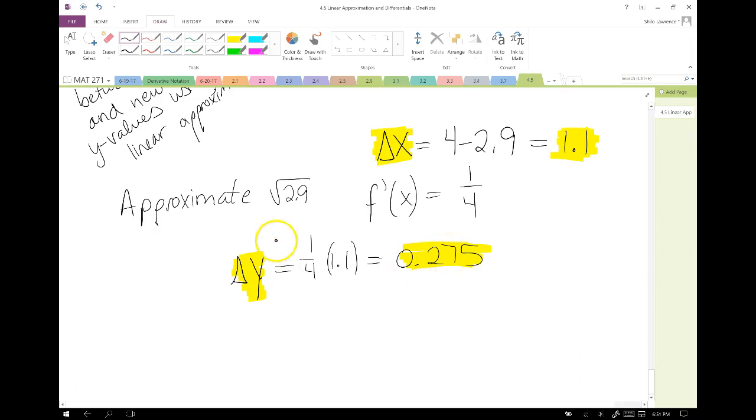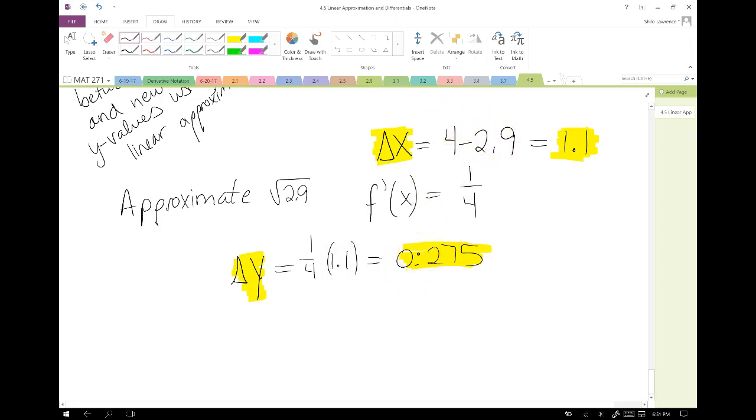So when we're comparing it to the y value at 4, the y value at 2.9 is going to be 0.275 different. So I had gone 4 minus 2.9, bigger to smaller. So I'm going to do the same thing here, bigger to smaller.